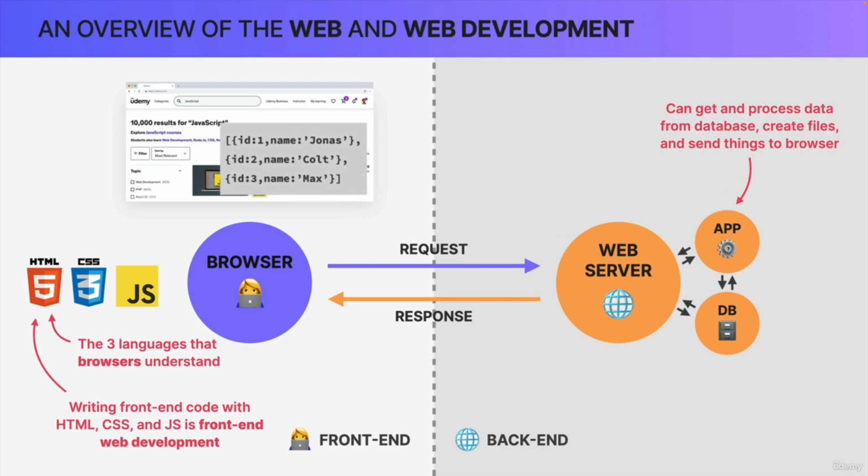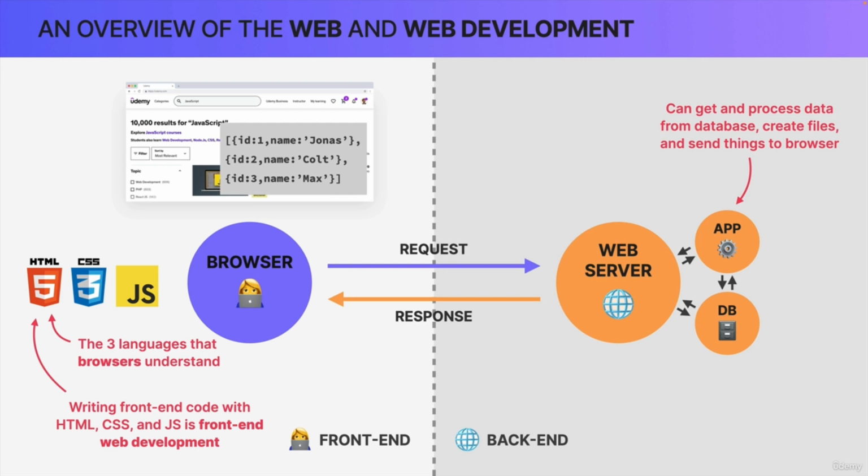And I know this probably all sounds super confusing and complicated, but don't worry. You don't need to understand all this 100% in order to take this crash course. Again, this is just to give you an overview of how things work in the world of web development.